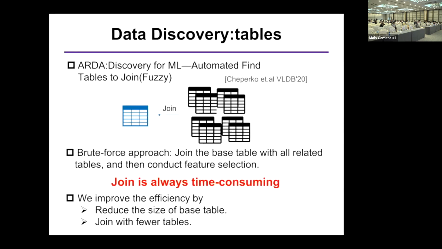So one can conduct this using the brute force approach, which is joining the base table with all related tables and then conducting feature selection. But the join is always time consuming. We can improve the efficiency through two aspects. One is to reduce the size of the base table, and the other is joining fewer tables. So ARDA leverages these two ideas.